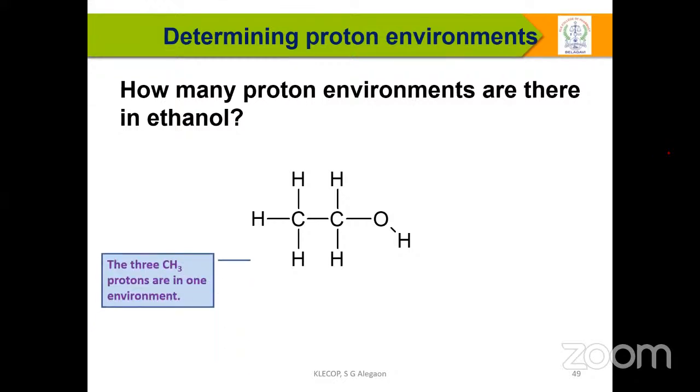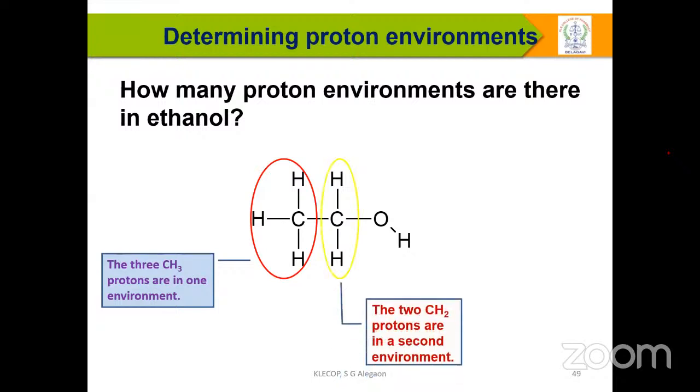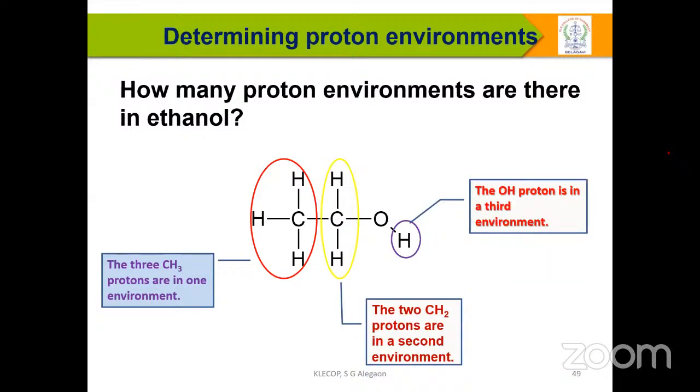Look at this: the terminal CH3 protons are in one environment, the central CH2 protons are in a second environment, and the third is the hydroxyl group, where hydrogen is attached to oxygen, which has another environment. So there are 3 types of protons, which means I am going to get 3 different signals rather than one signal.